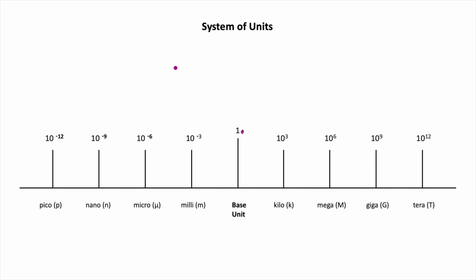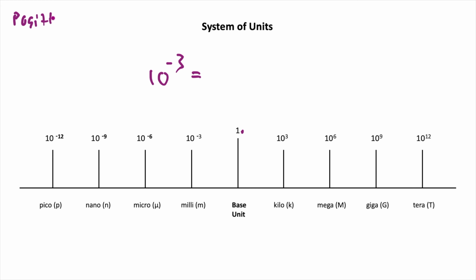Equally, 10 raised to the power of negative 3, the exponent is negative now, so we move the decimal point 3 places to the left. And this makes the number smaller. So again, negative exponent means move to the left. So I'll just write this up here.